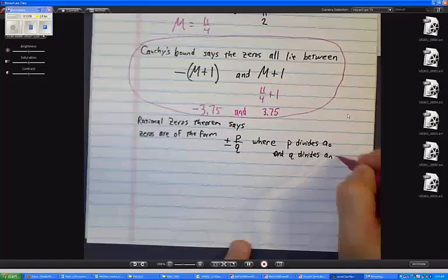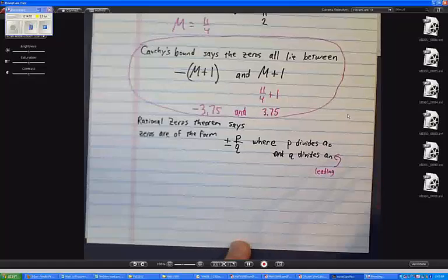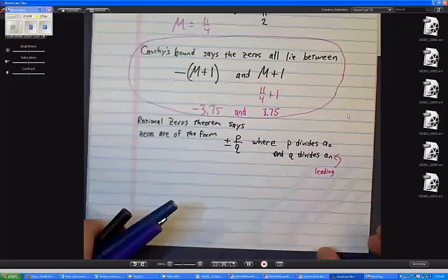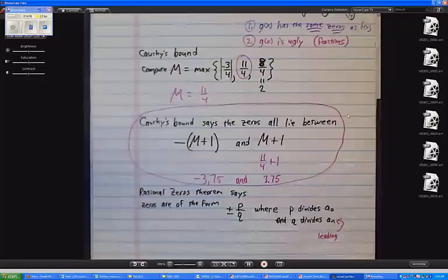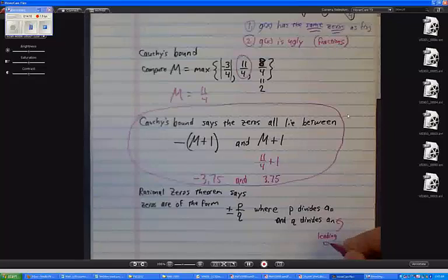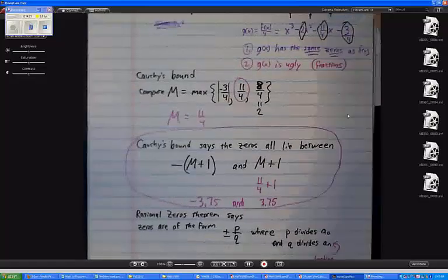AN is called the leading what? AN is the thing I kept dividing by. The leading coefficient. And in our example, what is AN? 4. In our example up above, AN is 4 because the original problem is there.